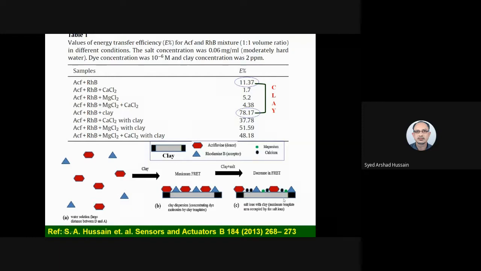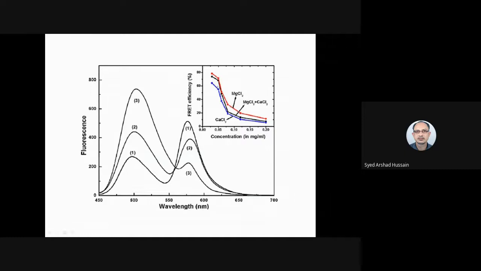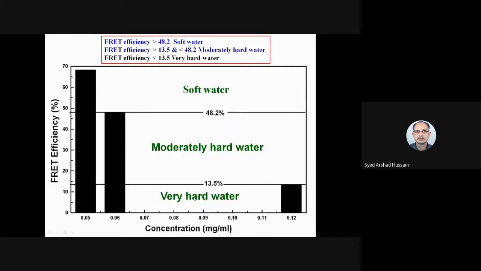Then we exposed this system to our donor-acceptor system. So automatically the distance between the donor and acceptor increases because your calcium ions, etc., are already there in the clay system. So energy transfer decreases. So we tried to calibrate this decrease in energy transfer efficiency with the concentration of the ions. So you see this is the change of efficiency with the ion concentrations. And from there we plotted this one like that.